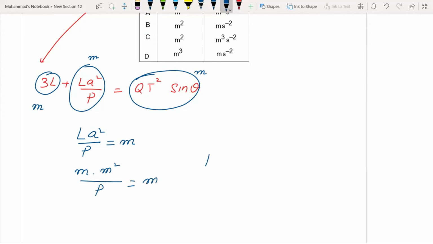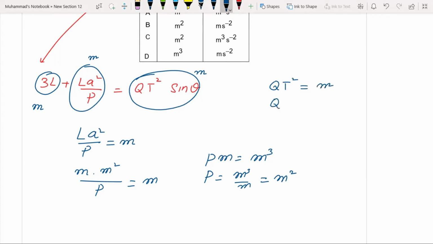So P M equal to M cube. Okay, so this M will go there, that is M cube divided by M, so this is M square. SI base unit of P is M square. And now let's find this unit of Q. Q T square sine theta is no unit, and this whole term should also have unit of meter.